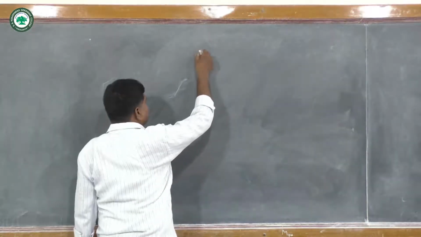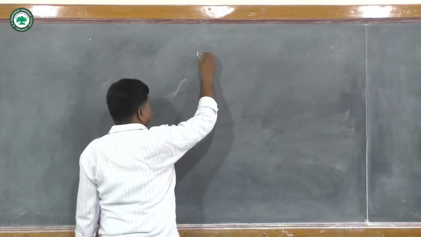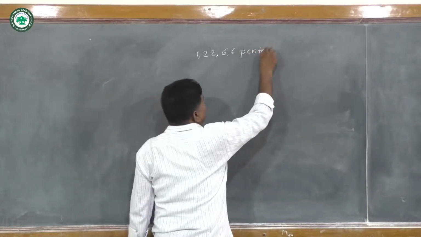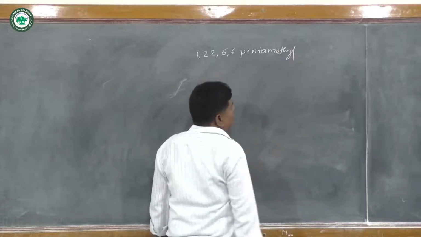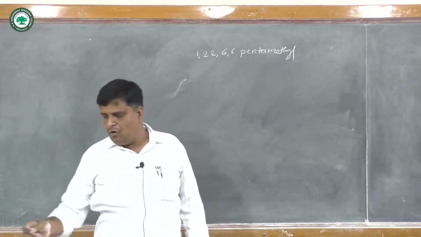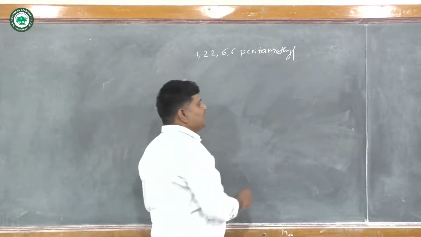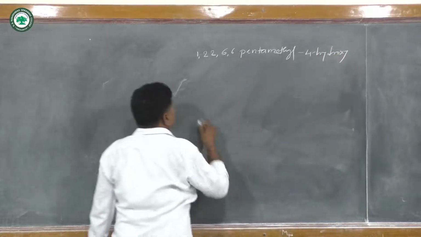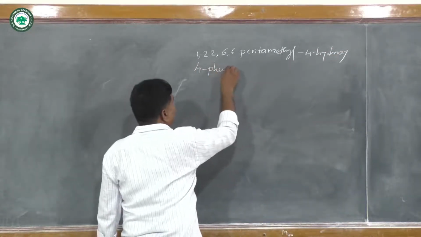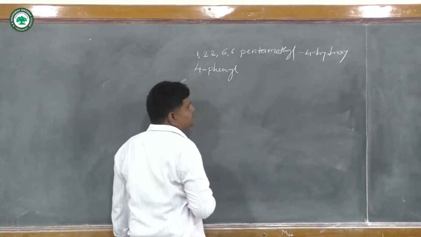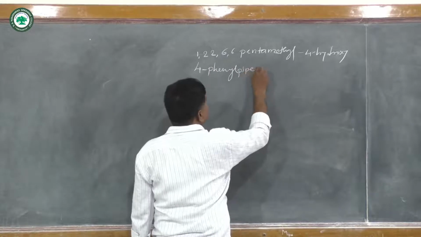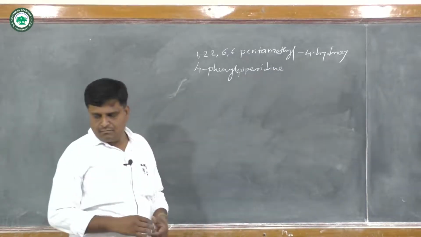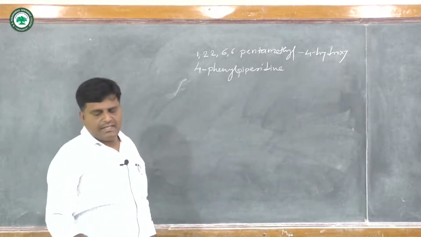First we try to write what is the name of that compound: 1,2,2,6,6-pentamethyl-4-hydroxy-4-phenylpiperidine.